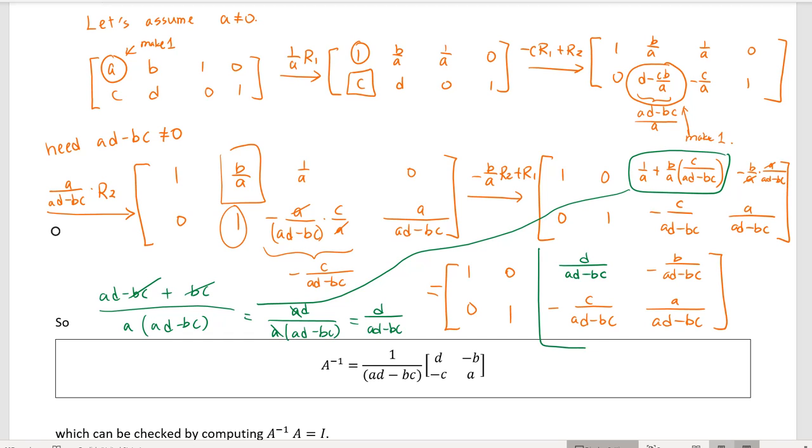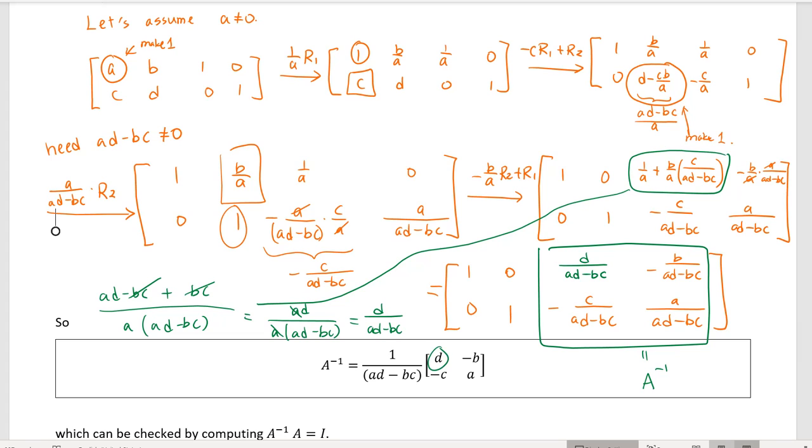Okay, so then this guy is the inverse of A. Can you see all of them have the denominator AD minus BC? We can actually pull out the denominator, and then what's left?